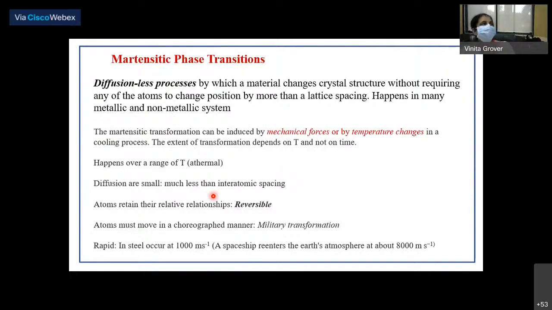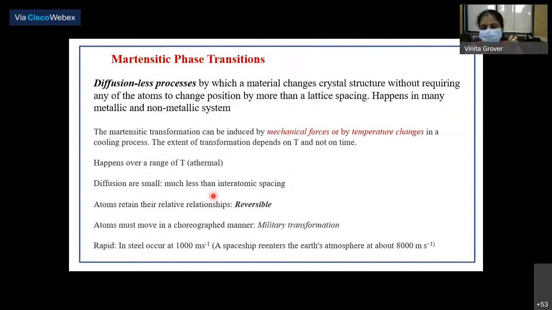Now, there's one particular class of phase transition that I would want to talk about, though metallurgists know this transition very well. But I am not sure how many of you have read about it. It is called Martensitic phase transition. Now, it is a very specific class of displacive phase transition. Okay. These are diffusionless processes.